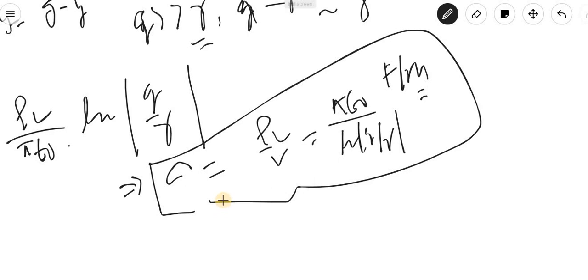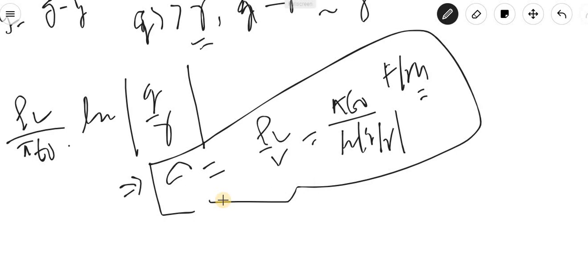Sometimes it is required to know the capacitance between one conductor and a neutral point between them, which is defined as the charge on one conductor per unit of voltage difference between the conductor and the neutral.